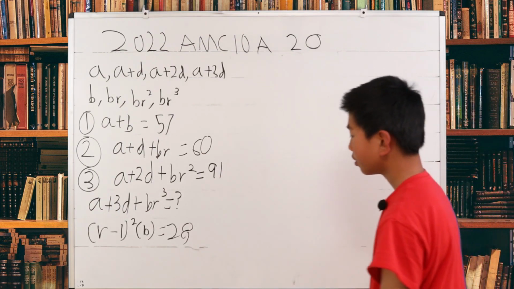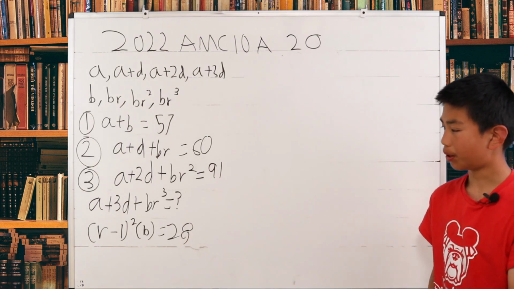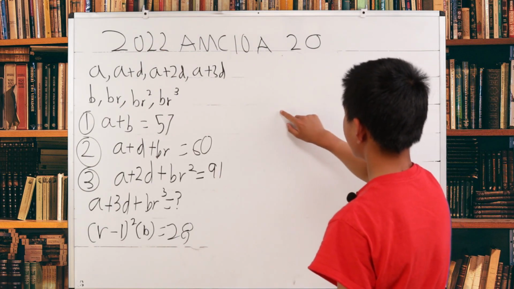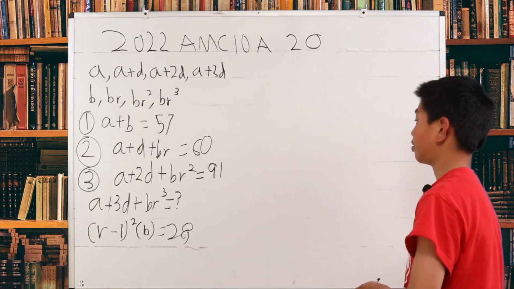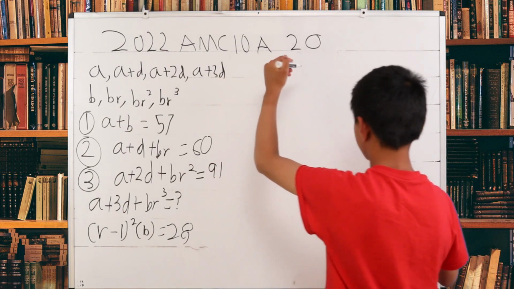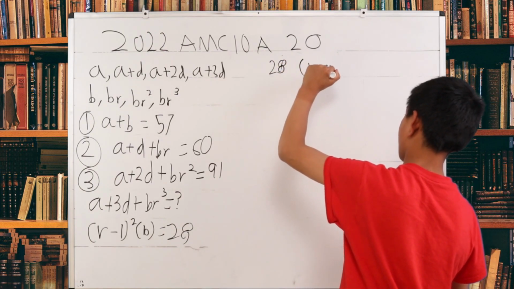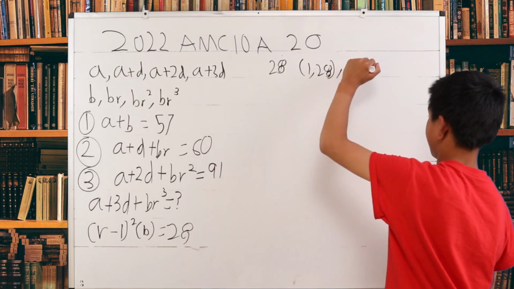Now, we have to break up 28. There are only 3 ways it can be broken up, since they have to be all integers. So 28 is equal to, one possibility is 1 and 28. The second possibility is 2 and 14.